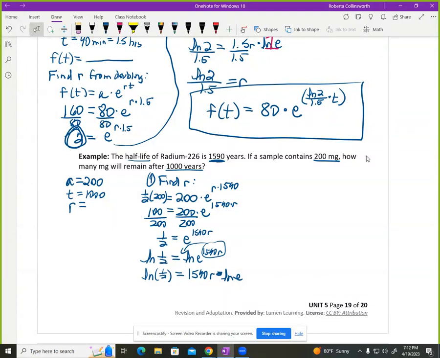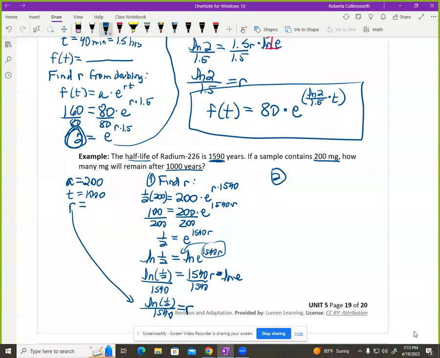So that means R is going to be ln of 1/2 divided by 1590. So I found out what R is right here. I'm just going to draw an arrow.